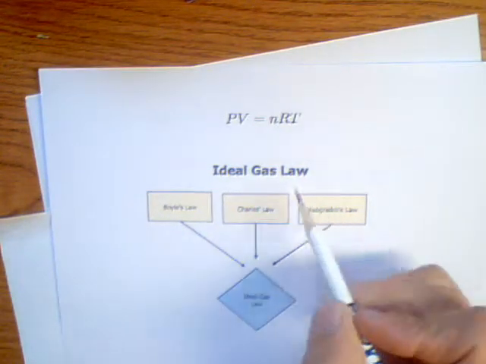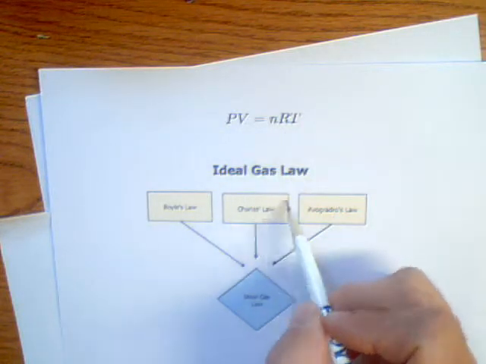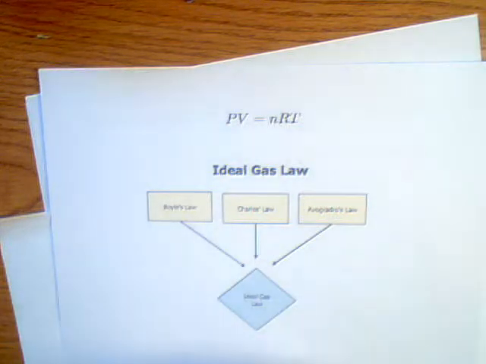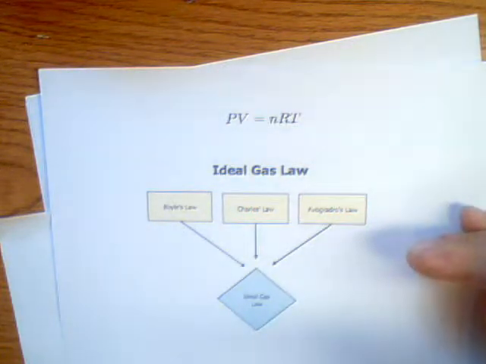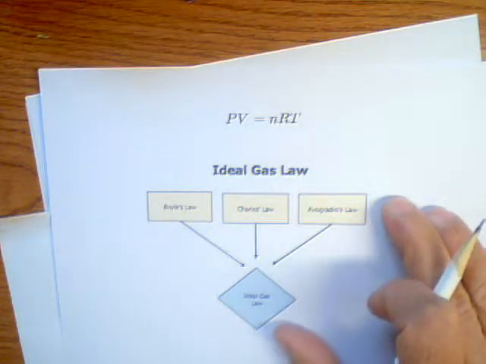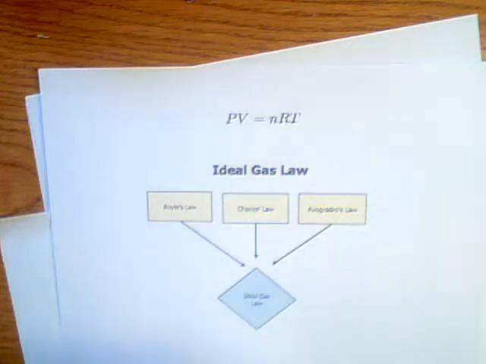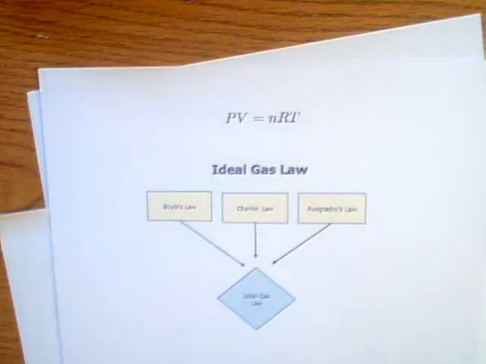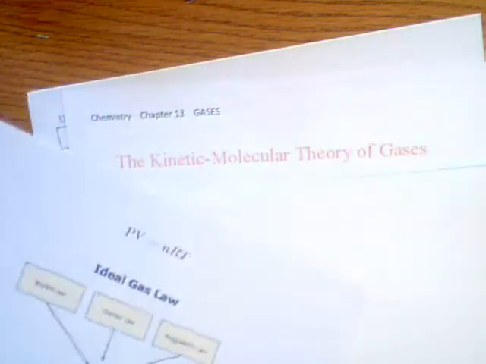All right, and so this is a culmination of these 3 gas laws. So you have to go back and recognize that this is a culmination of understanding. This isn't a starting point, but perhaps the ending of your studies of the gas laws, because it's adding them all together.